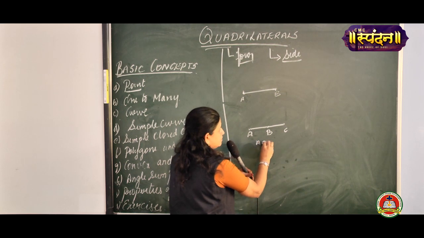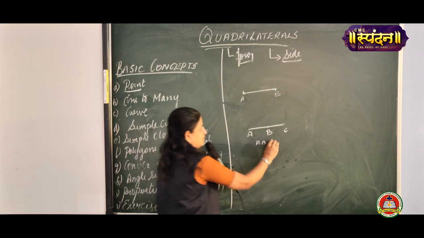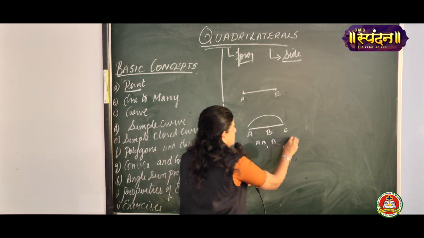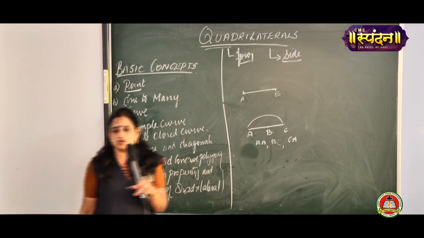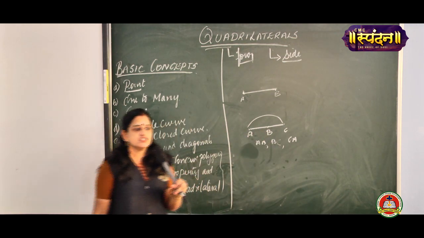One is AB. The second one is BC and the third one is CA. So you got 3 line segments when representing the points on a straight line.